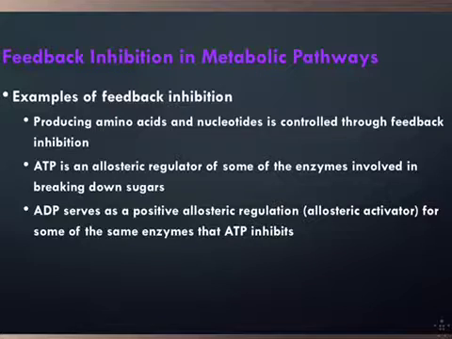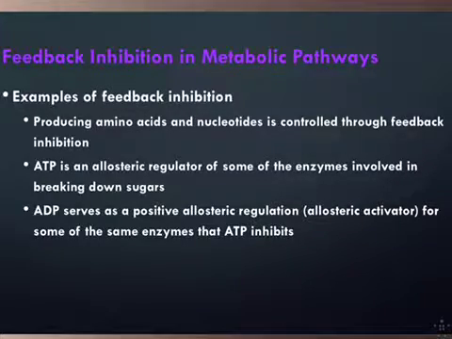If we don't need a particular amino acid to be produced, the product will go back and plug up the enzymes so that it can't be used because it doesn't need to be used. But then as soon as it needs to be used, the inhibitor will be released and the process can start over again.